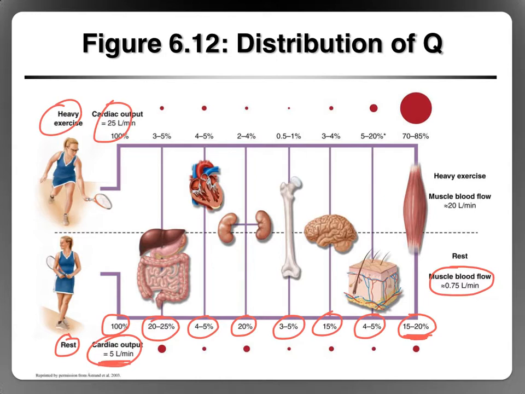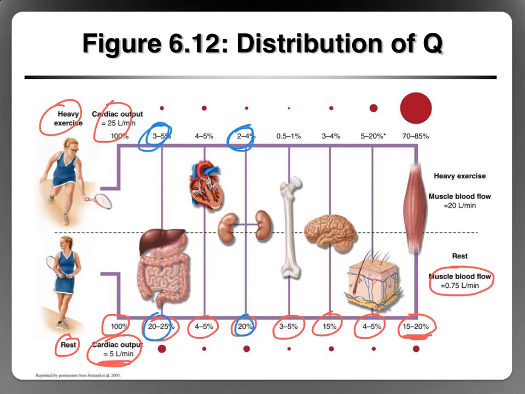We get much less blood to the viscera. Okay, so the stomach, the liver, the intestines, the kidneys are getting significant reduction compared to what they had at rest.